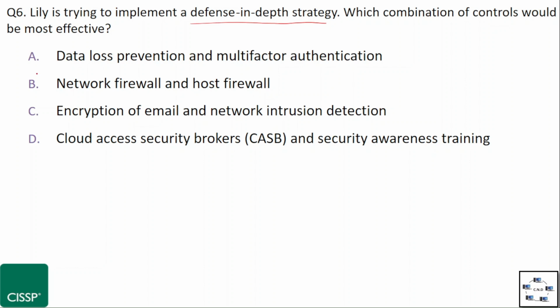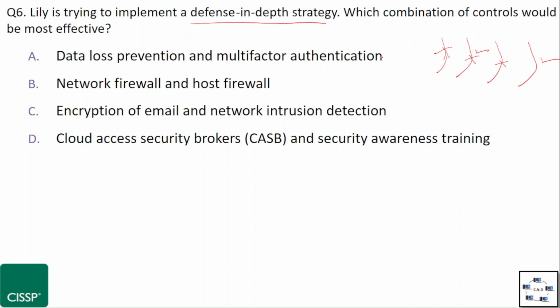Each of these options has basically two types of security controls, and defense in depth is basically layers of defense to protect your assets. The purpose is that if one layer is compromised, the attack may be stopped at the second layer, and if the second layer is compromised, we may have the third layer and so on.